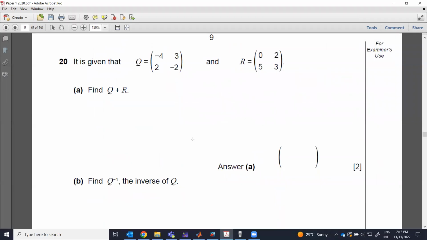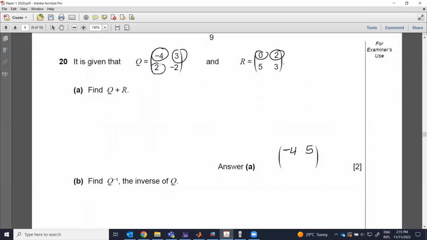Okay, question 20 on matrices. It is given that Q is this matrix, R is this matrix, Q plus R. Q plus R, you just add the corresponding elements. That means -4, you'll add 0. So -4 plus 0 is -4. And then 3 plus 2, this is 5.